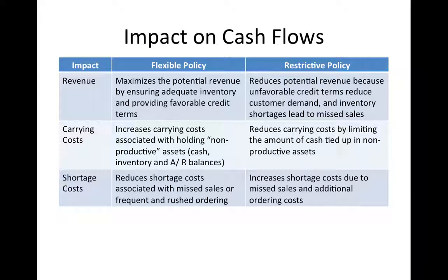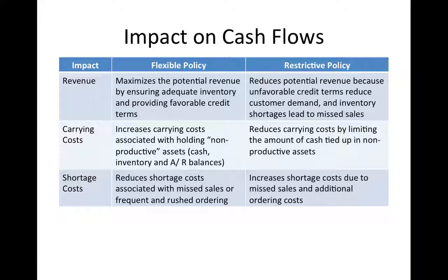And so the issue here is that they appear to be amounts just sort of sitting in the middle of the floor, and I'm not getting the kind of return on those that I get on other assets, and so that has to be factored in. The other cash flow consideration is shortage costs.